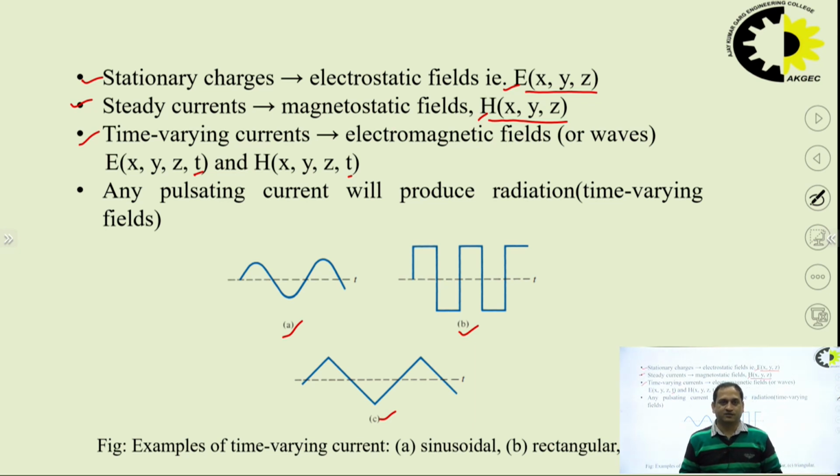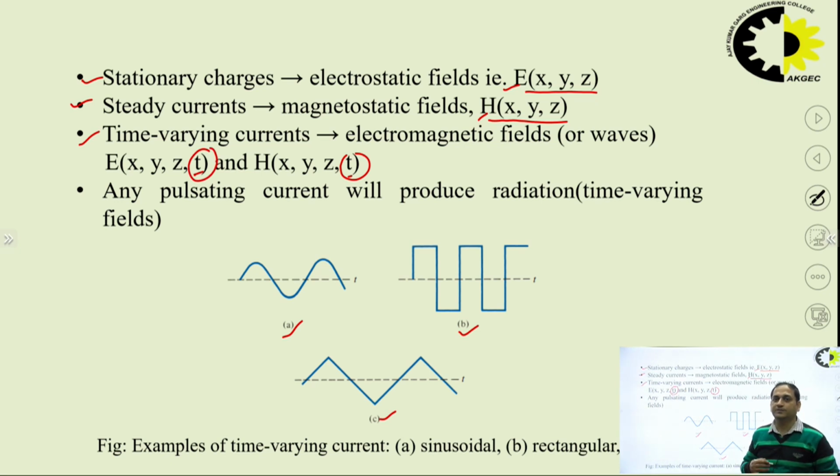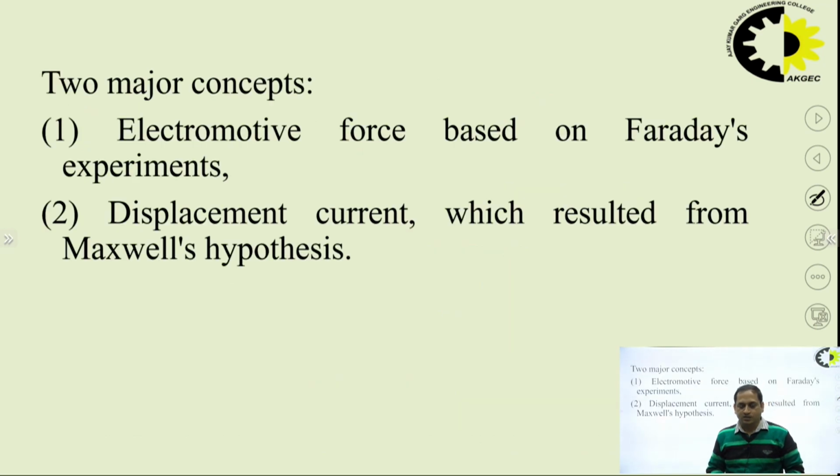We are also aware that waves can be forwarded from one point to another when the component T is involved. If the T component is not involved, then the waves cannot be propagated from one point to another. There are two major concepts which we are going to discuss here.